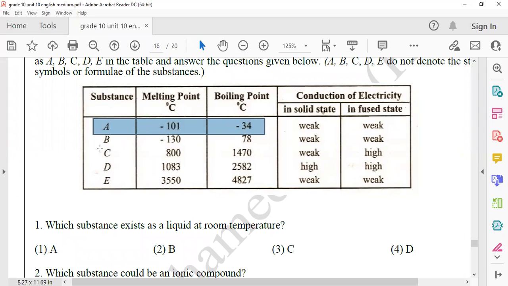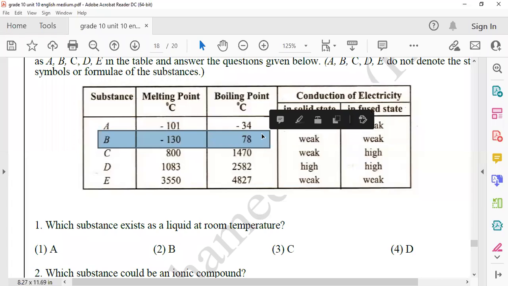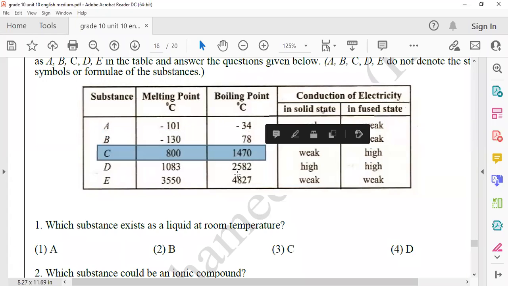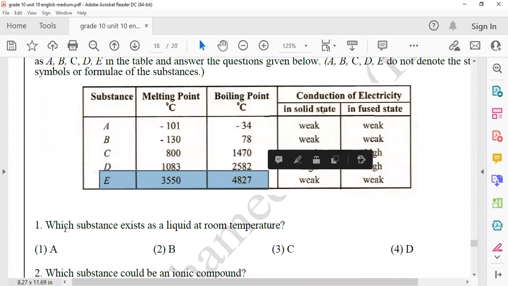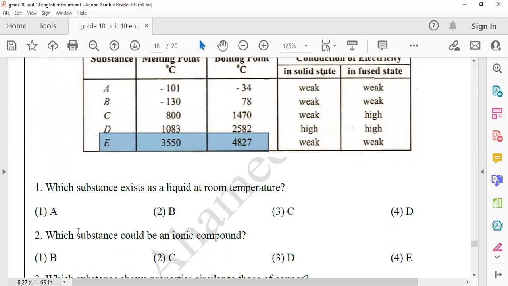What is the physical state of B? Liquid. C, solid. D, solid. E, solid. So they are solids, correct? This is actually a past paper question.